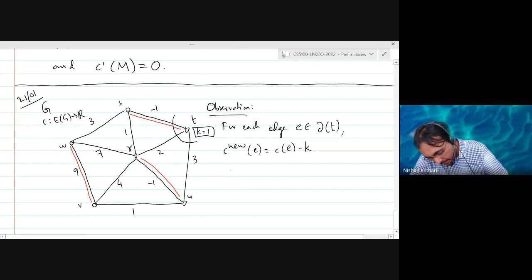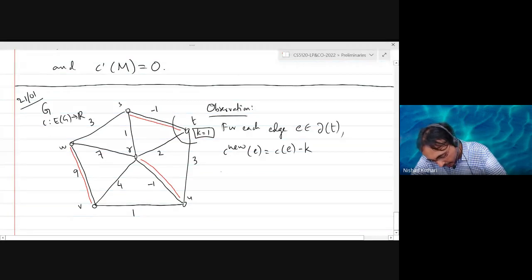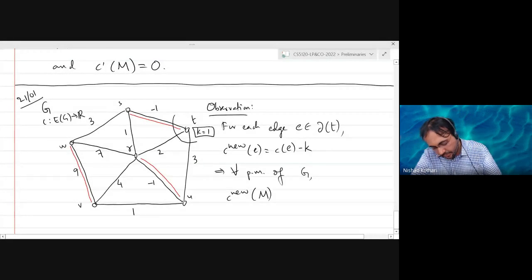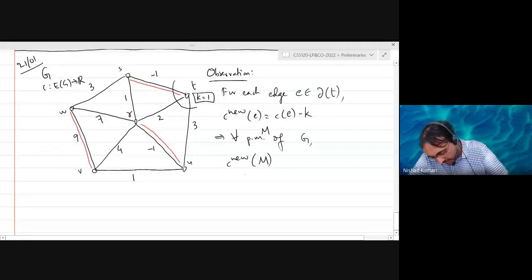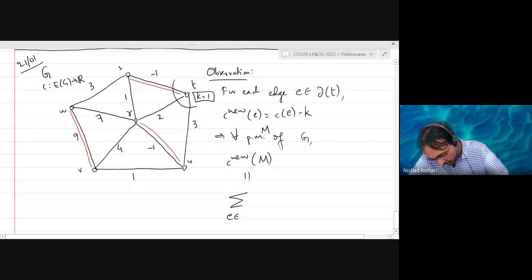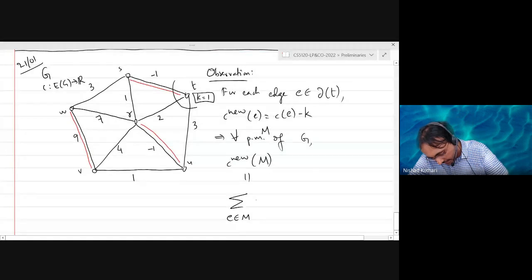Now what I want to point out is that for each perfect matching of the graph G, the new cost of that perfect matching, remember the cost of a perfect matching is simply the cost of all edges incident at that perfect matching, right?